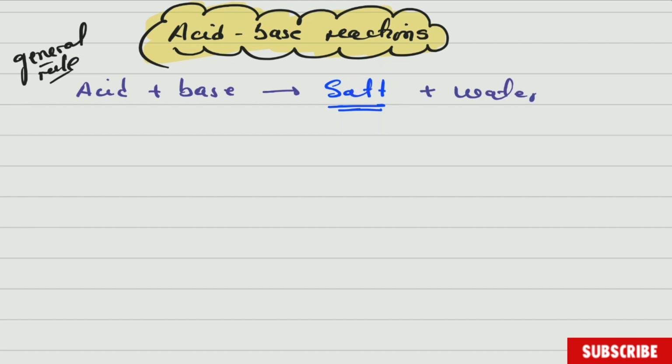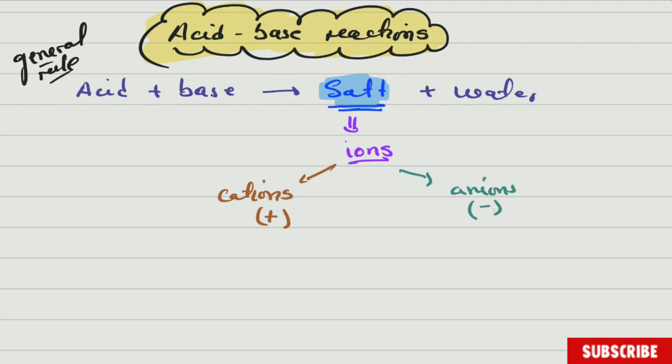This salt, guys, that we are looking at here, is made out of ions. In other words, it has a cation, a positive ion, and it has an anion, which is a negative ion.